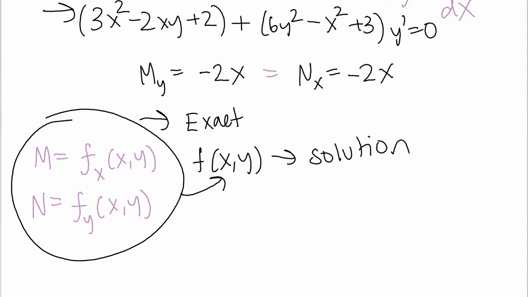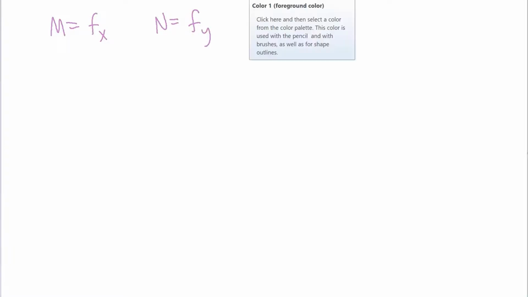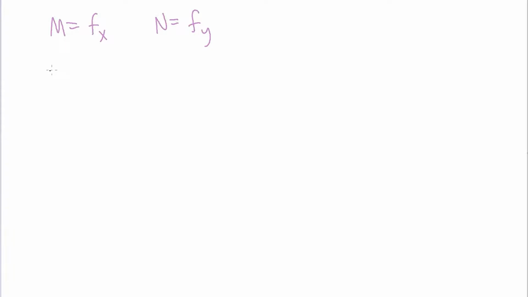So using that information, let's go down and write that out. We have M equals f_x and N equals f_y. And that means f_x equals, and f_y equals, I'm just going to set that up.